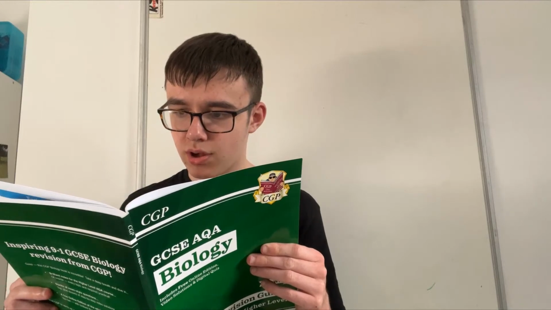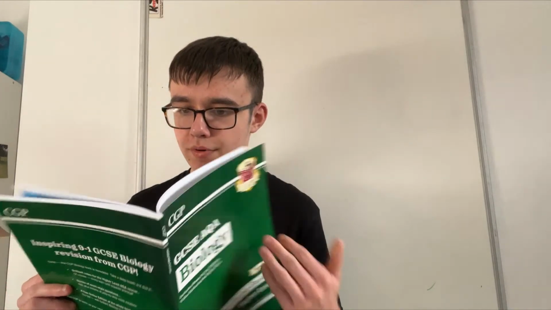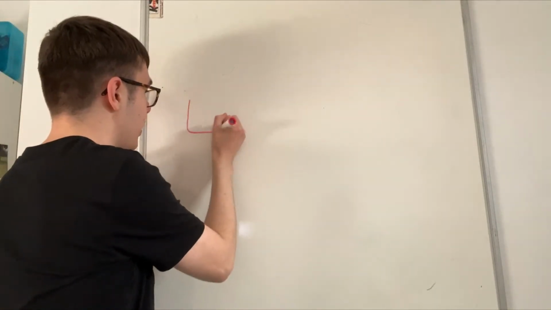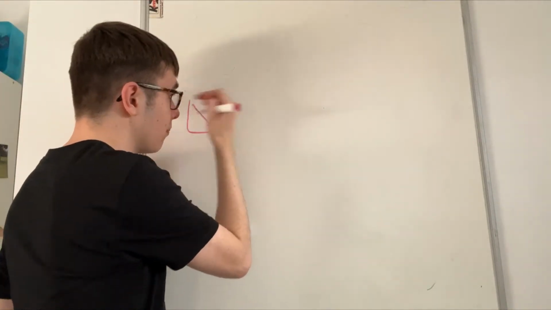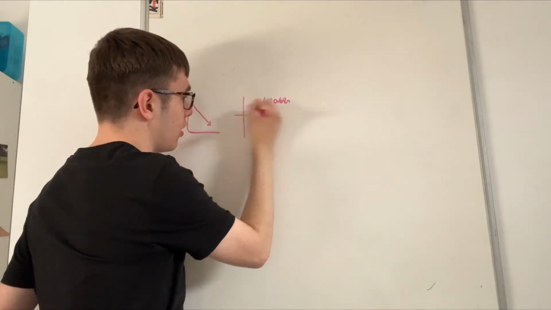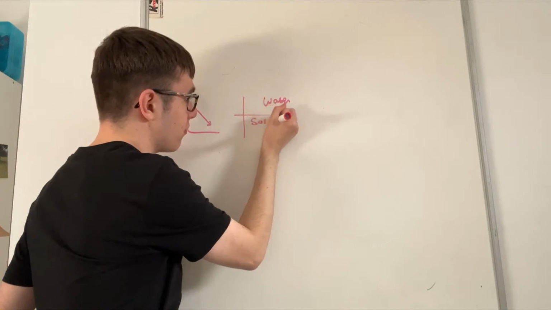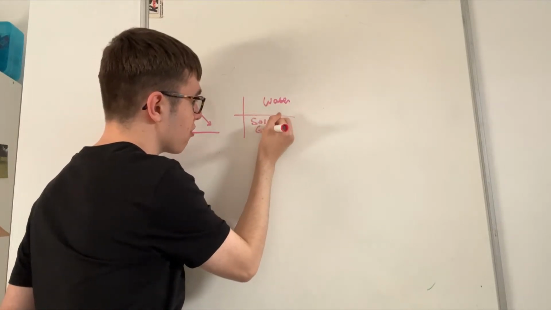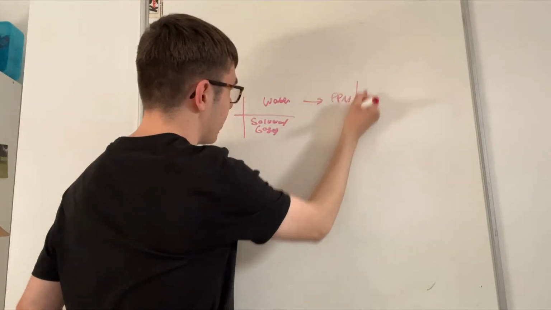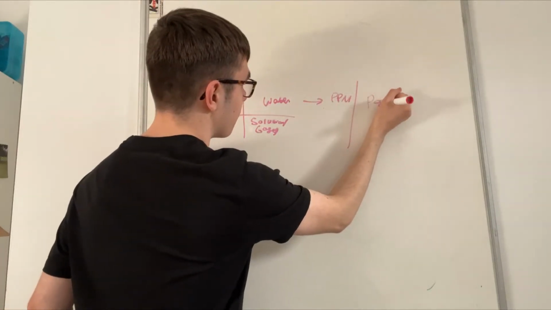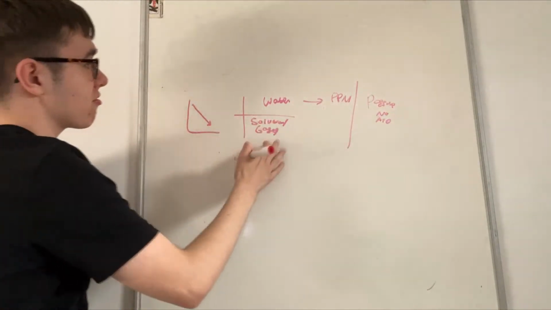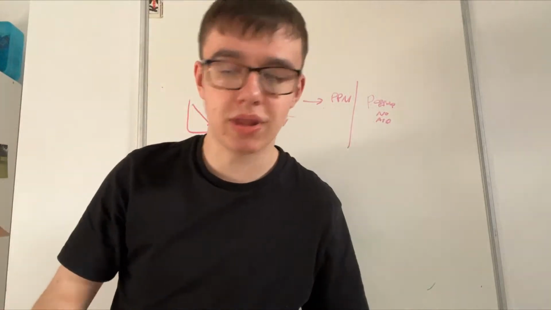Movement of water across a partially permeable membrane. Yep. Okay. So both of them go from a high concentration to a low. Osmosis is water. Diffusion is solution and gas. Osmosis is a partially permeable membrane. Both of them are passive, so no energy. That's your 4 differences and similarities.